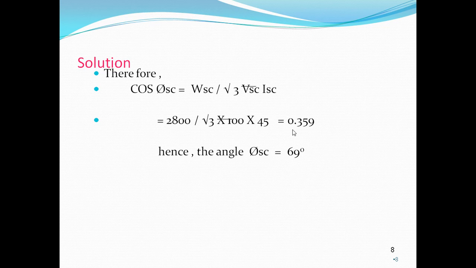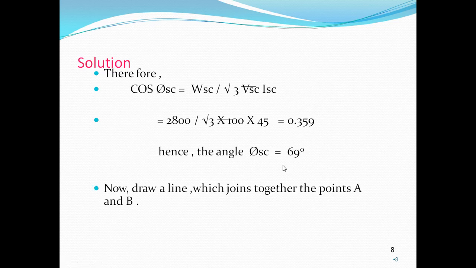How much did you get? That is 0.359. So phi SC is equal to cos inverse of 0.359. That is 69 degrees.